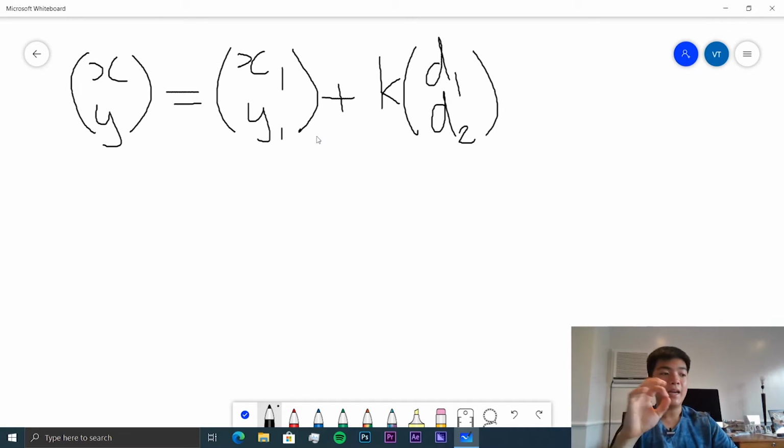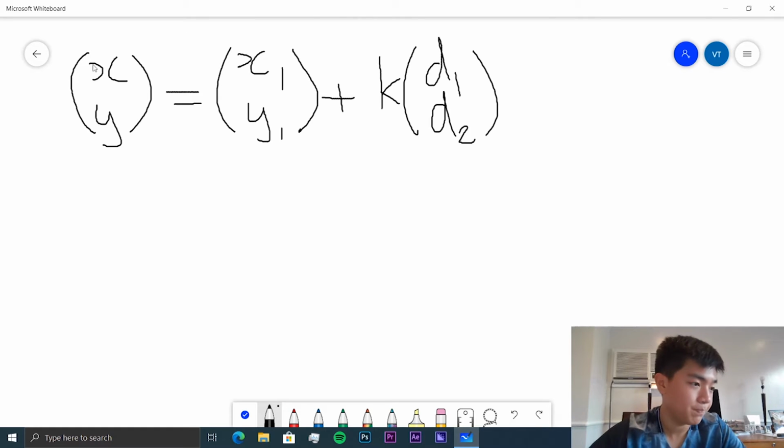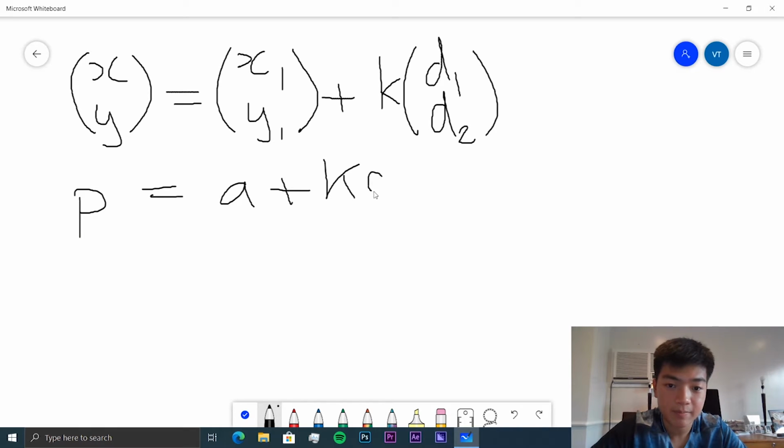So we can define any line by using a direction vector and one point on that line, and any vector parallel to that direction vector will define the same line. This form is also often written as P equals A plus kd. So yeah, that's the vector form.